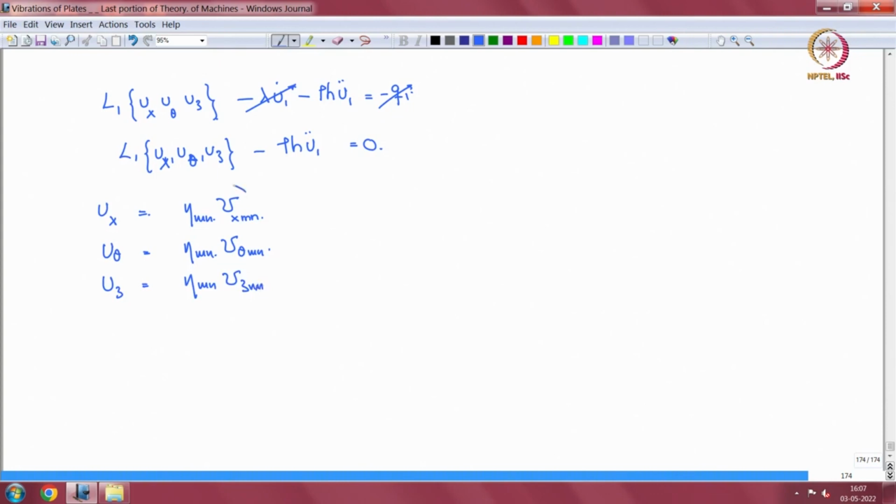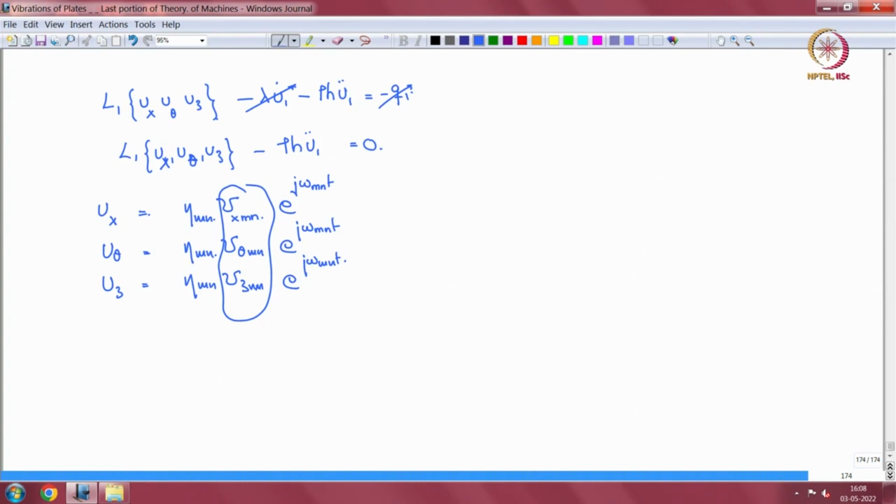Okay. So this is one mode shape into e to the power j omega mn t. It's one natural frequency.